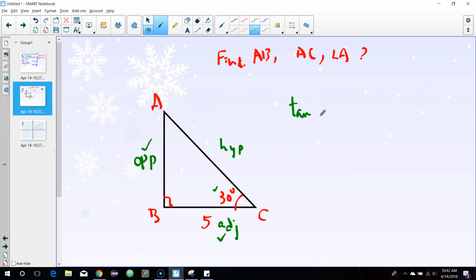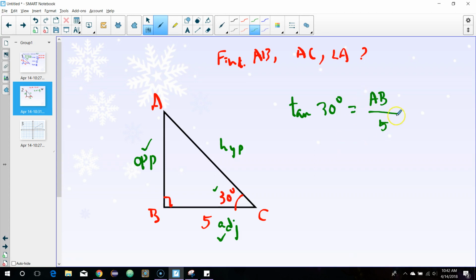Remember that sine, cosine, tangent, after you write this down, you're going to put down the angle measurement. If you don't have the angle measurement, it's going to be angle C. If you do have the angle measurement like this time, angle C is going to be 30. You're going to put 30 over here. It's equal to opposite, which is AB, over my BC, which is 5.